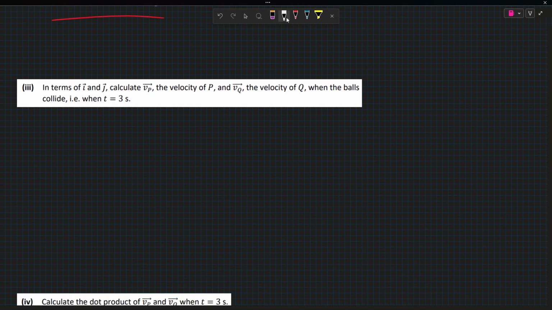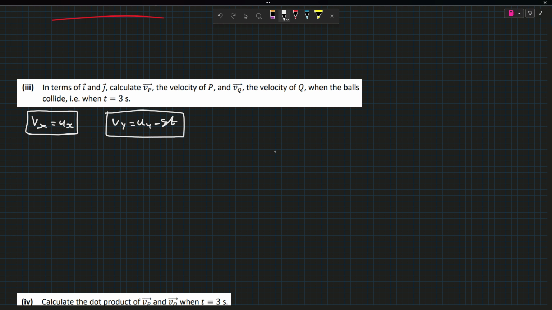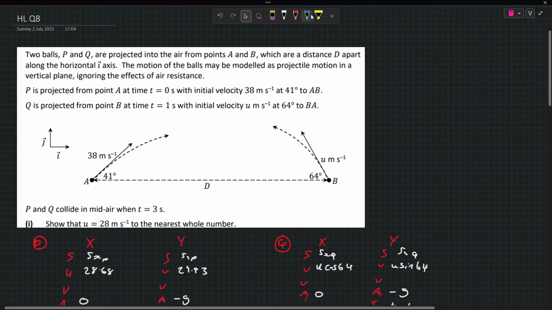Next, in terms of i and j, calculate the velocity of P and Q when the balls collide, when t is 3. The key thing to note is that vx is ux, and also that vy is uy minus gt. So for P, we're going to take to the right as positive.